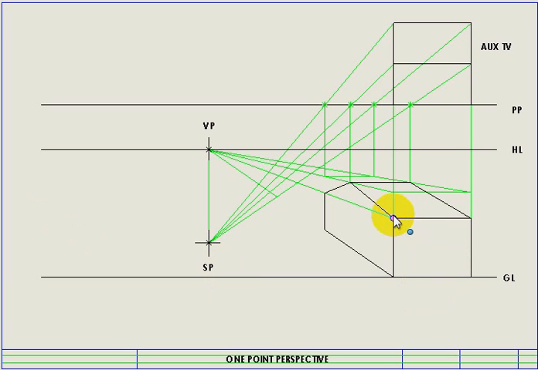Please note that I've taken this shape over here, that box that was originally there, and I've used it as a template to find my apex along this line over here. If I follow that up, it should give me the top view apex. There it is there. The other point that I want to raise is the fact that this line over here hasn't been made permanent from this point to this point here.